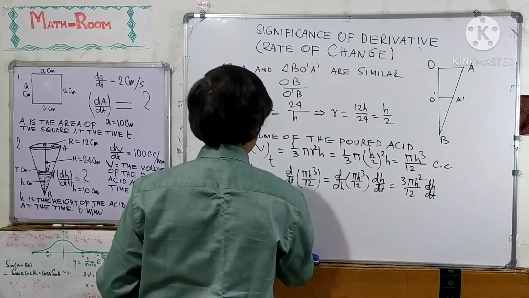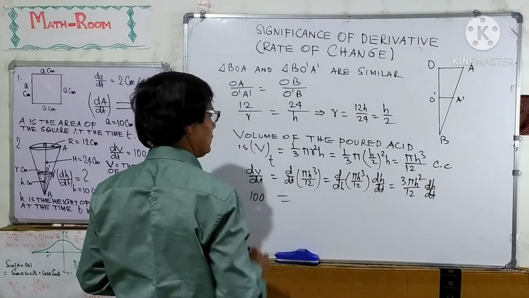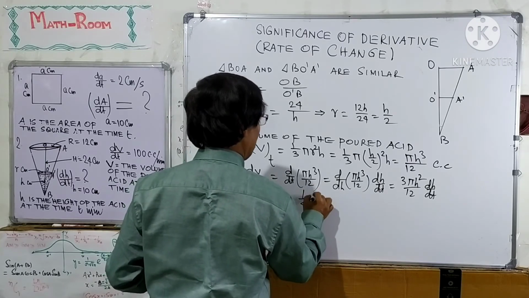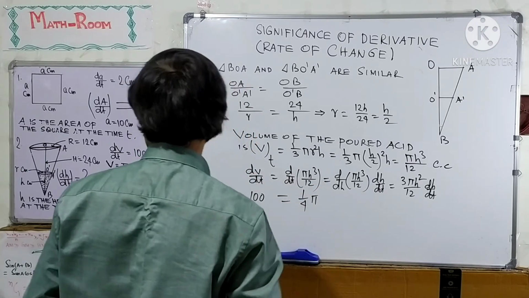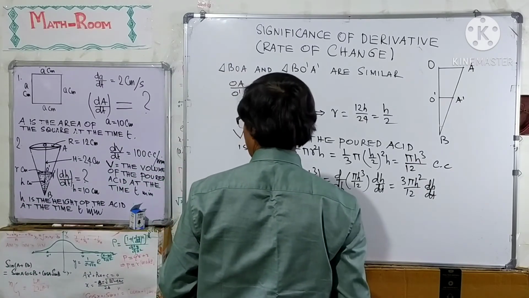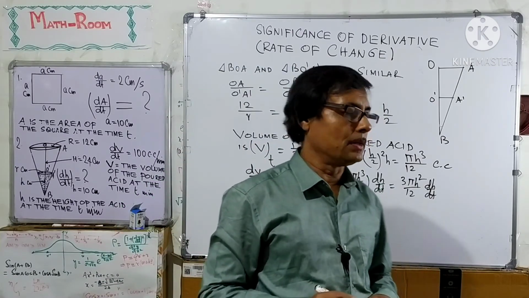Here dV/dt is given as 100 cc per minute, equal to 1/4 pi h square dh/dt. h is given as 10 centimeter. At h equal to 10, we have to find out the value of the rate of change of the height with respect to time t.